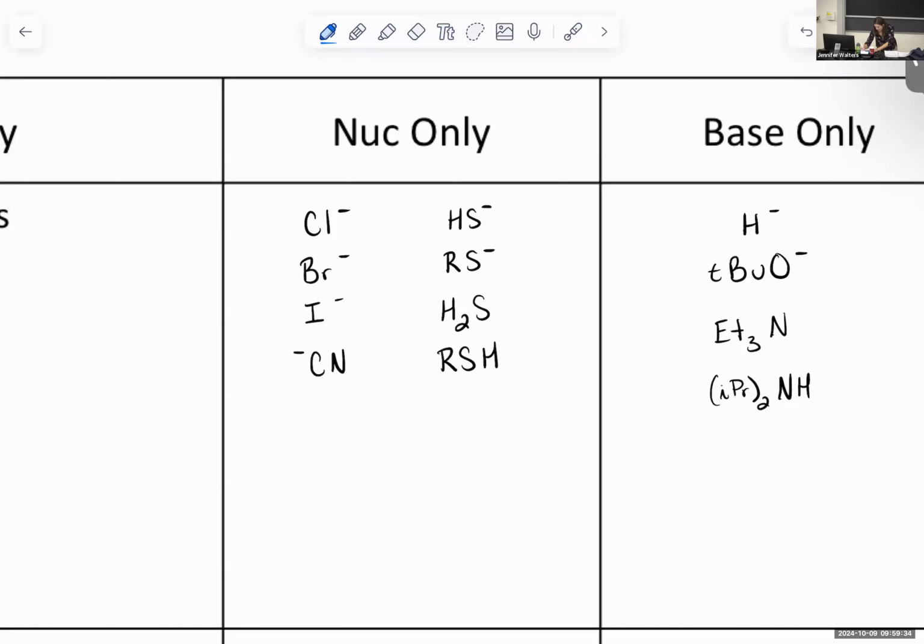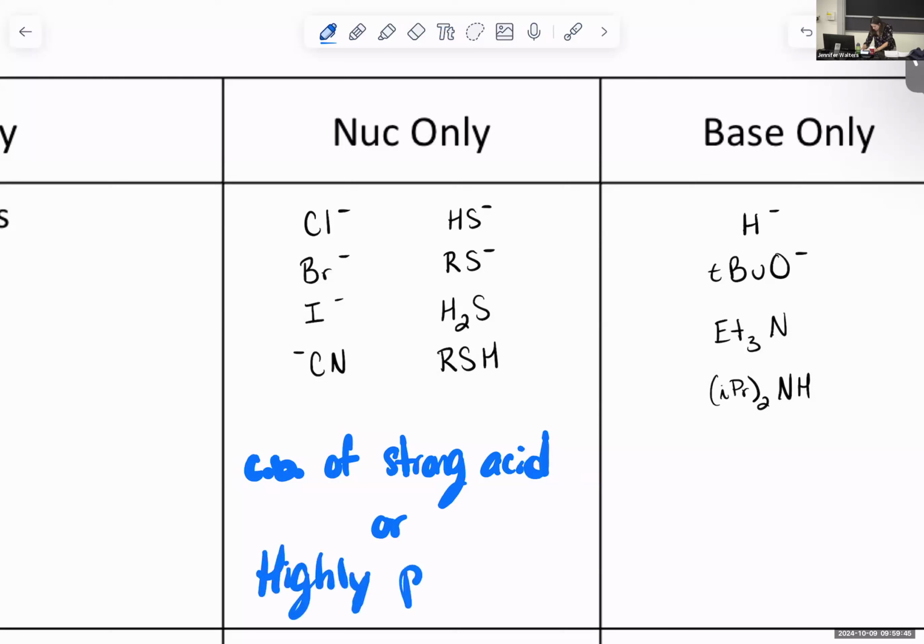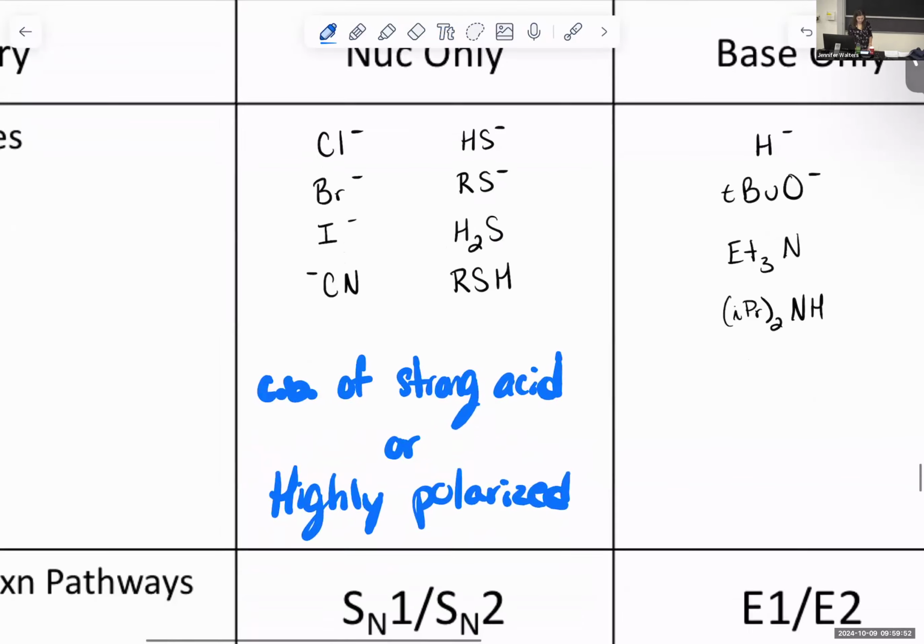These are either the conjugate bases of strong acids or they are highly polarized. So that's going to make them a nucleophile only.